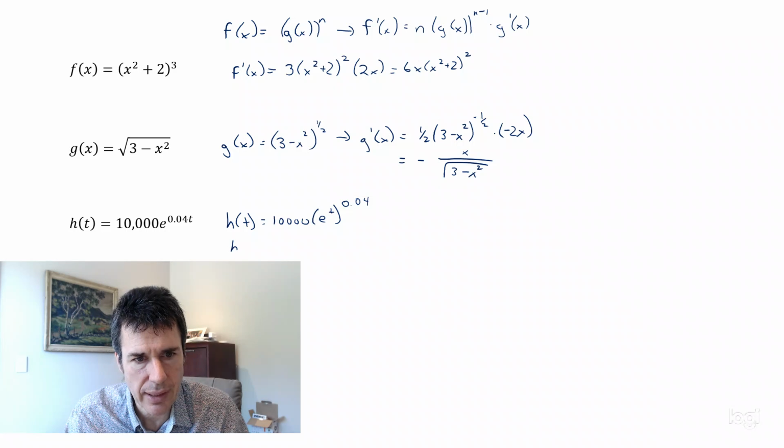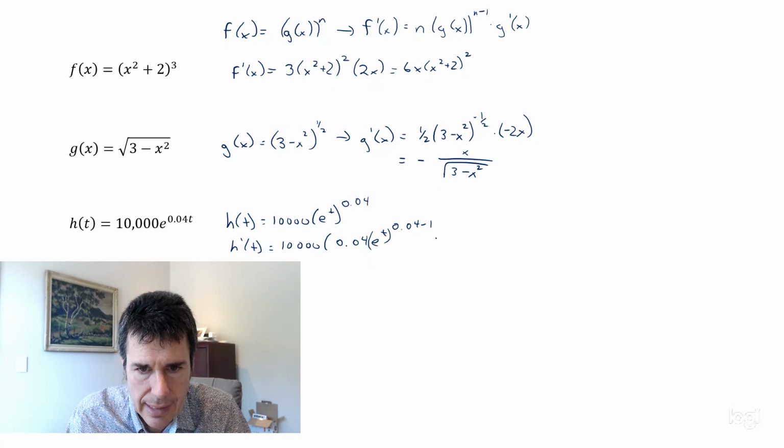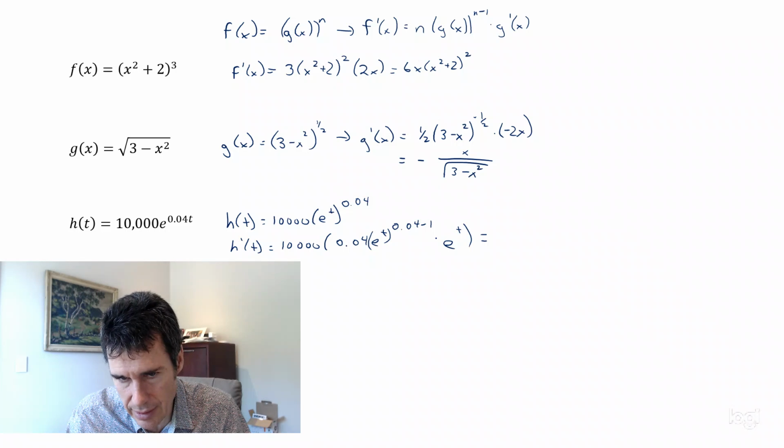And that gives us h prime, the derivative is 10,000, that's just a constant, times 0.04 e to the t to the power 0.04 minus 1 times derivative of the inside function here, this e to the t is just e to the t. And now what we can recognize is we're multiplying e to the t to 1 power times e to the t to the first.